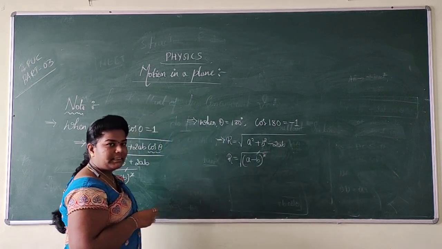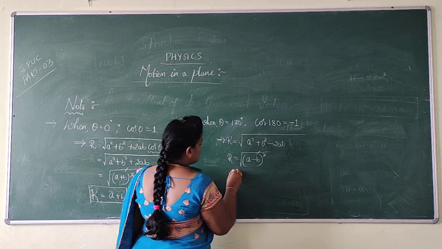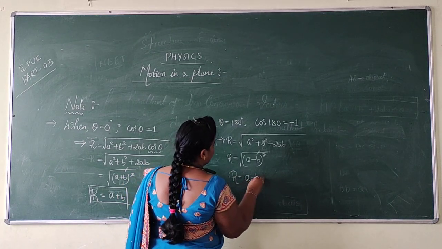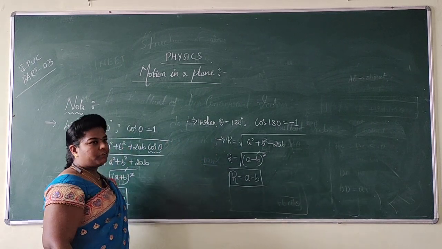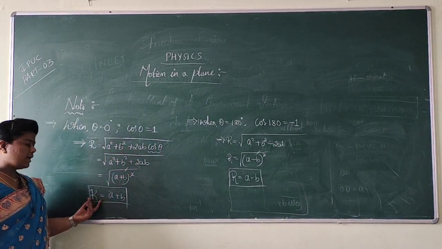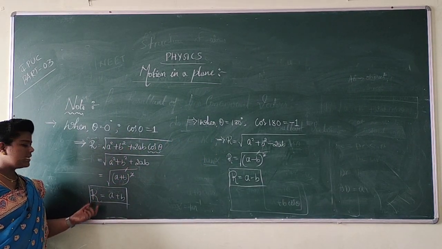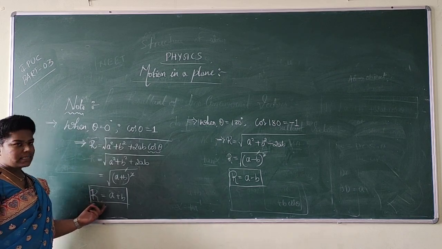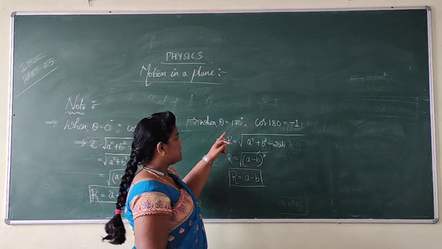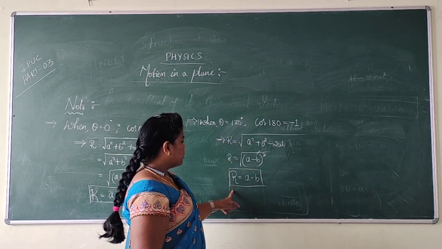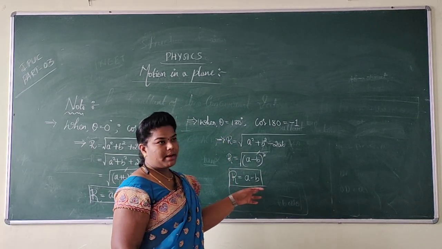Square root cancels with the square. Then what is the magnitude of the resultant vector? It is equal to a minus b. Please be careful. Here we got, when the angle between the two vectors is 0, R is equal to a plus b, and when the angle between the two vectors is 180 degrees, the resultant is equal to a minus b.